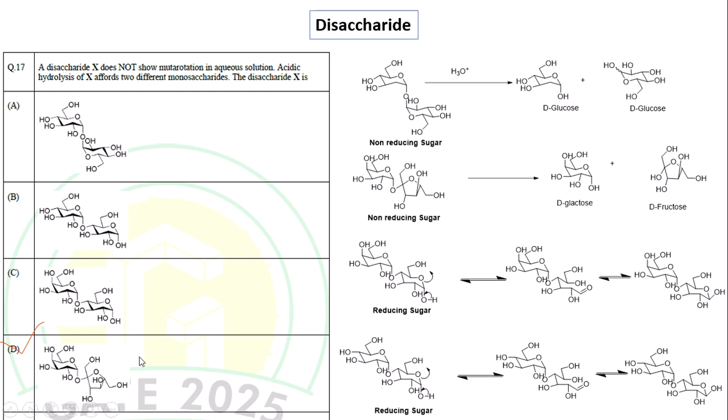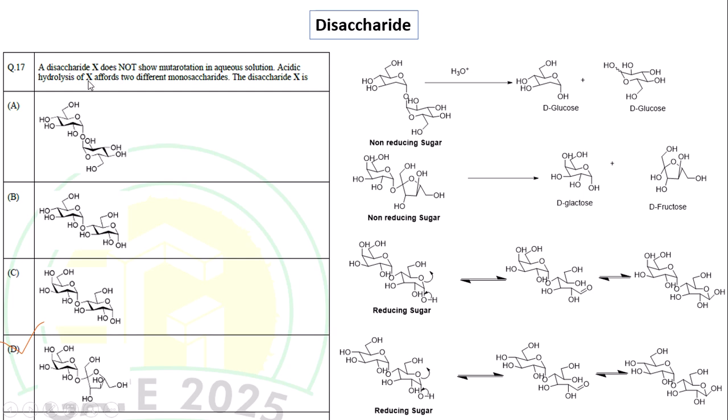Similarly, in the case of sucrose, a disaccharide X does not show any mutarotation. A mutarotating compound is one that can open up, produce the aldehyde, and give another open chain form. So the option is that a disaccharide X does not show mutarotation in aqueous solution.